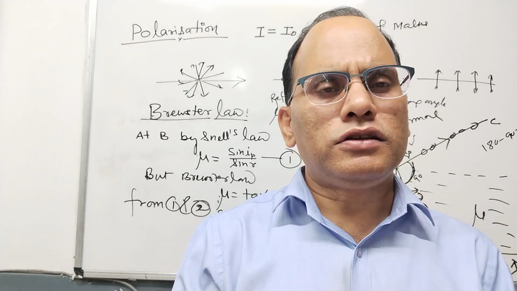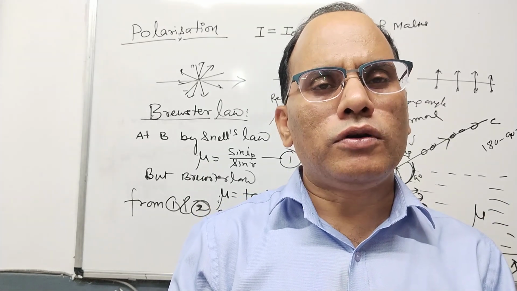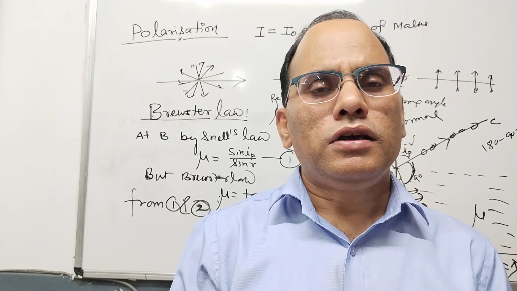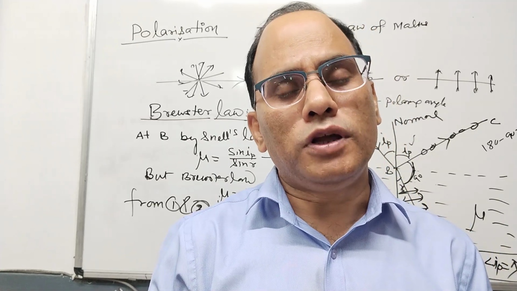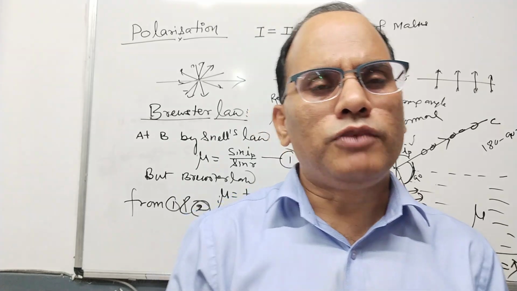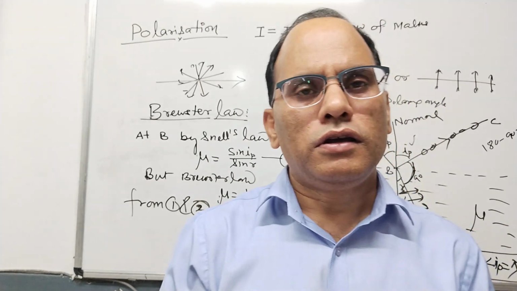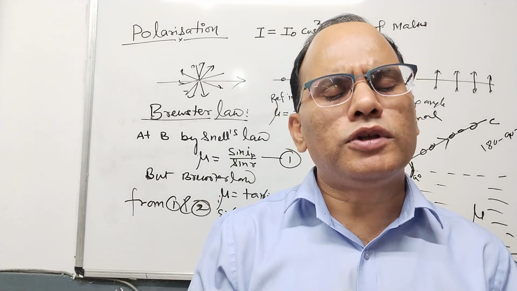So polarization plays an important role in day-to-day life, and nowadays a lot of applications are available. Polarization is widely used for research and widely used for industry. There are many examples.